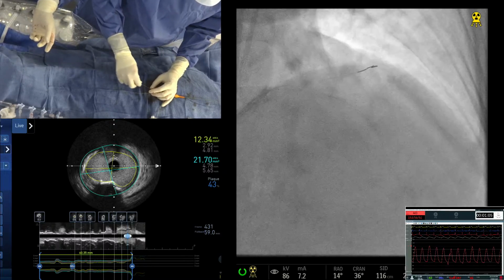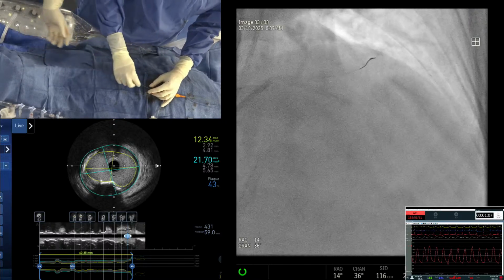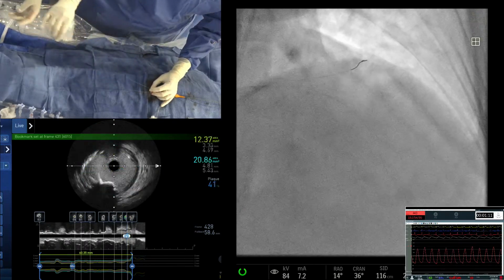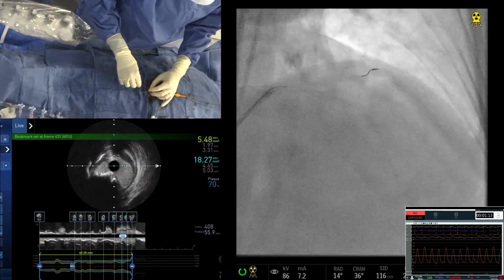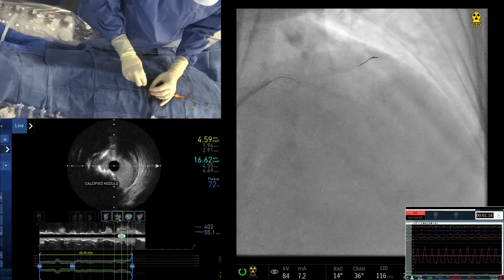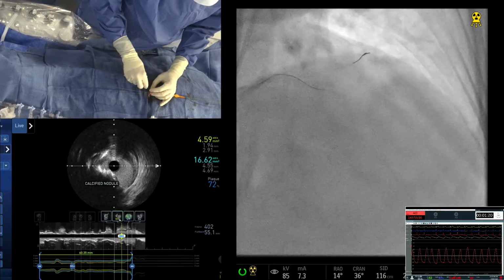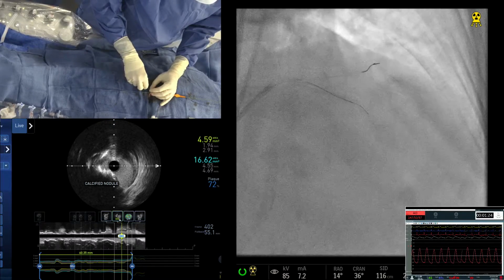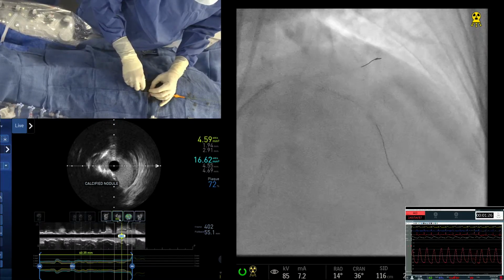A nice teaching point: if somebody says, why don't we directly go IVL here, you can't even get the balloon across. That's one of the limitations of the current IVL balloons, and the new ones are focusing on this aspect, improving the crossability profile.